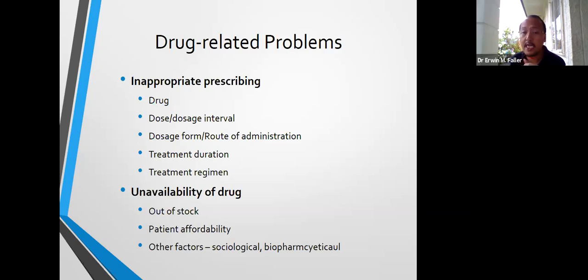And also unavailability of a particular drug, for example out of stock, which results in some non-compliance with the medication, especially with the affordability for the patient, and other factors, for example sociological, where it becomes a burden to the patient, or a particular patient who has a stigma, and other biopharmaceutical factors.